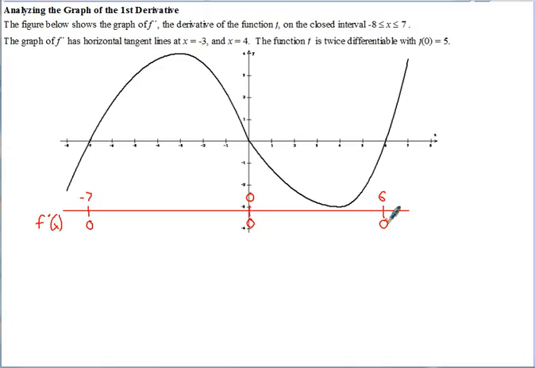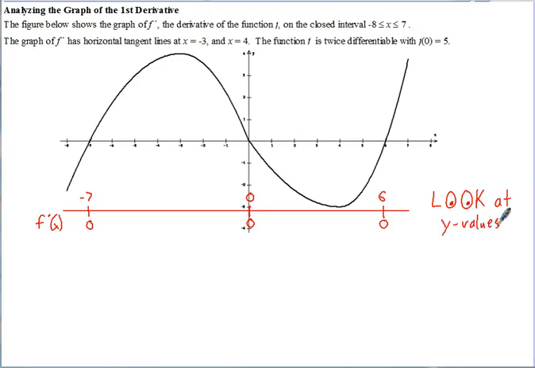Then to test in between, instead of plugging into an equation like we have done before when we have the equation of the first derivative, we look at the graph. Since this is the graph of the first derivative, we're looking at the y values to see if they are positive or negative.